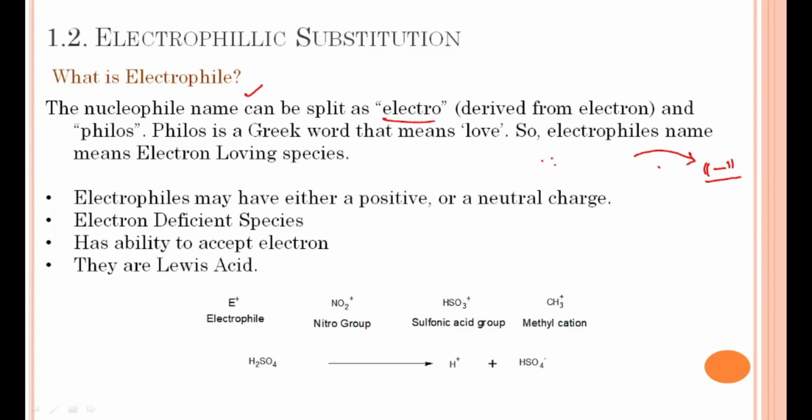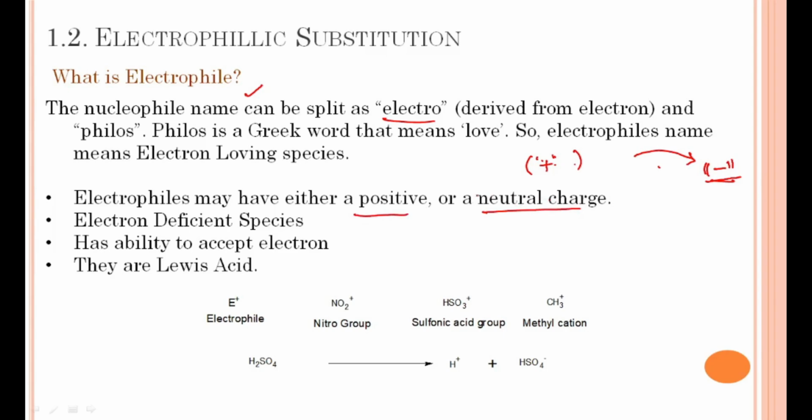So an electrophile must be a positively charged or neutral compound, so that it has an affinity towards negative charge. Generally, electrophiles are positively charged species. What is the property of an electrophile? It is totally opposite to a nucleophile. They are either positively charged or neutral.